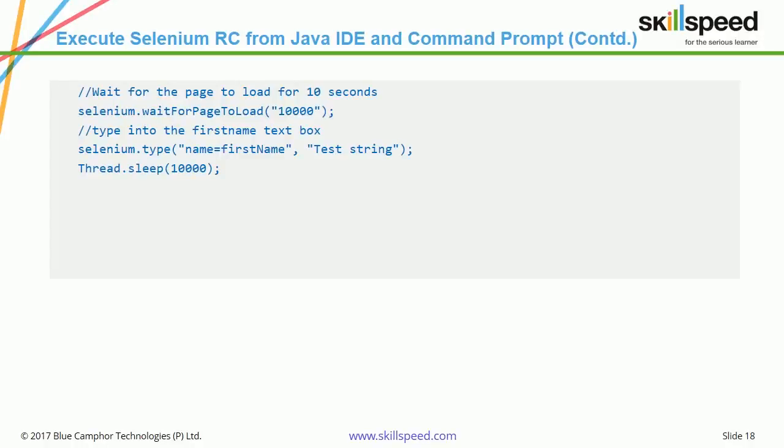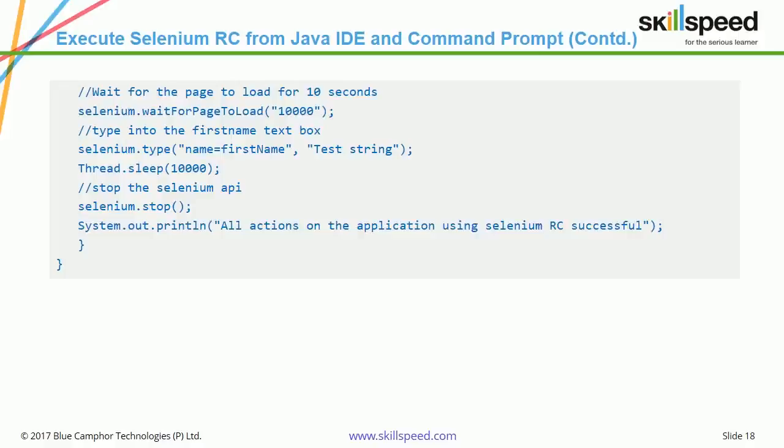Once we get the next page, we are going to type test string into the text box using the command selenium.type name equals to first name and test string into the first name text box. We are then again waiting for 10 seconds and we want to stop the Selenium using selenium.stop. This will close all the browsers that we have opened.